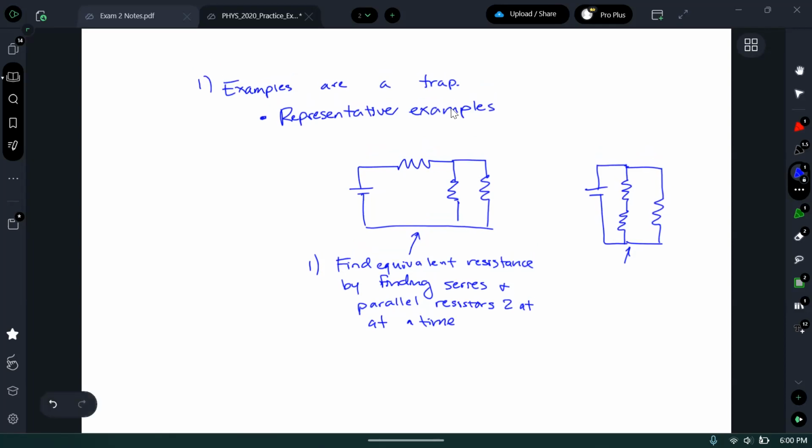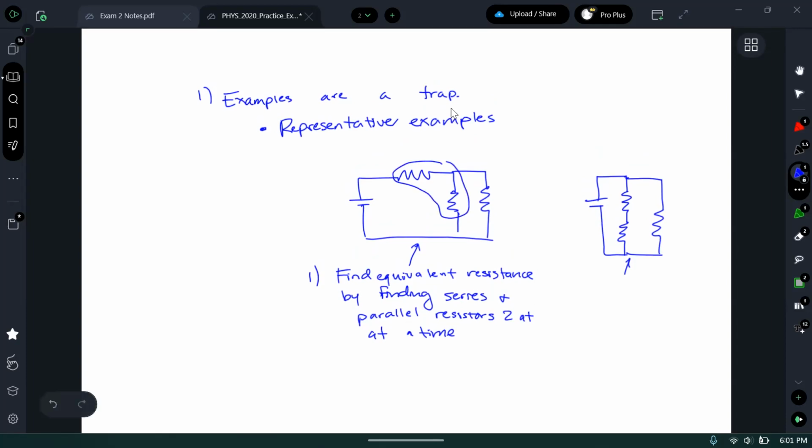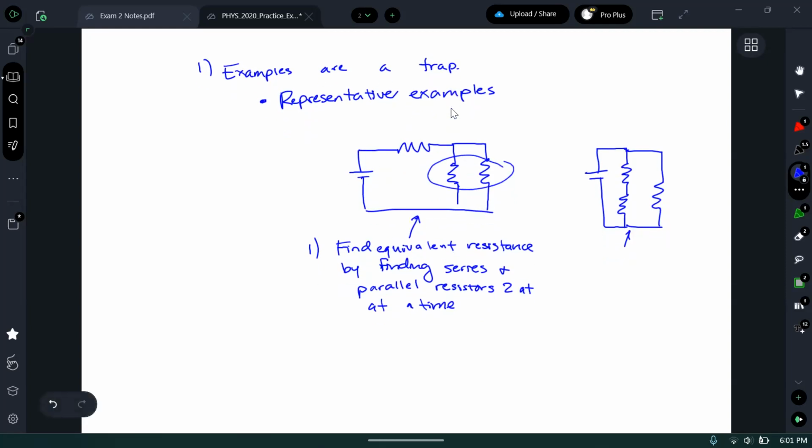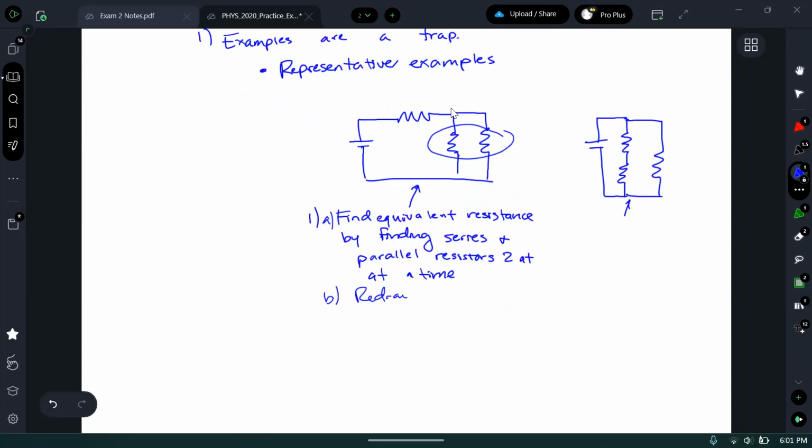So what I've been telling people, and I kind of wish I'd said it this way sooner: you may be drawn to say these are in series. That's a very common mistake because sometimes it's hard to be sure. But you can be pretty darn sure those are in parallel. So don't attempt the two in series because you're not sure about those. Just do the two in parallel first because that's the one you know, and then redraw the circuit. So the next step, it's really a sub-step of part one, is redraw the circuit each time.